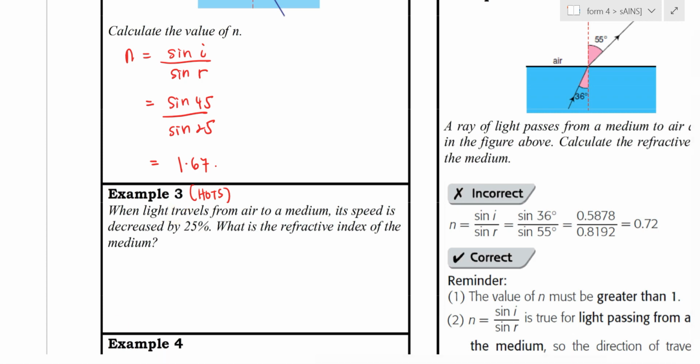When light travels from air to a medium, its speed definitely will decrease, because light is fastest in air. So what is the refractive index? Let's write the formula first: N equals C over V.